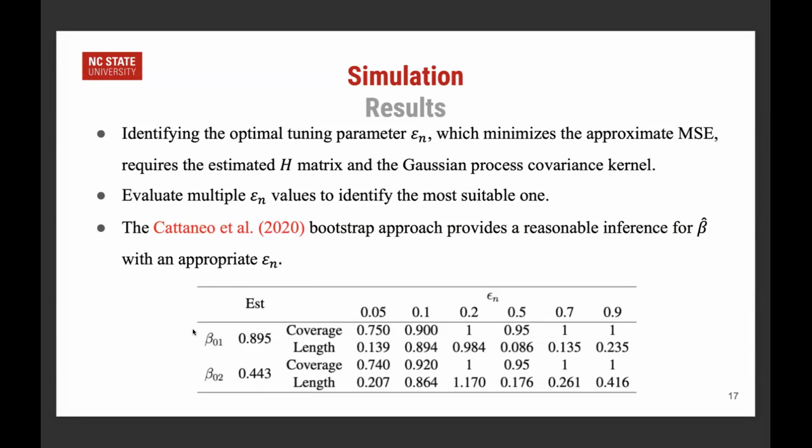This table represents the estimates for beta 01 and beta 02, denoted as EST, their 95% quantile confidence interval coverage rate, denoted as coverage, and confidence interval length, denoted as length. This table tells us that in our simulation, the optimal epsilon value is about 0.5 because it achieves a 95% coverage rate and the shortest confidence interval length.